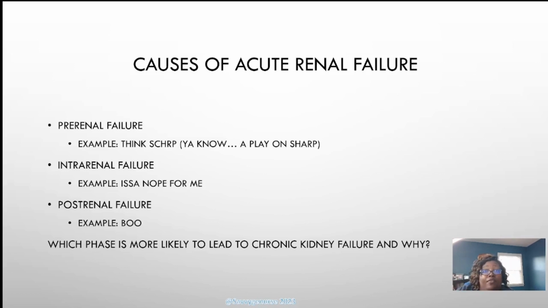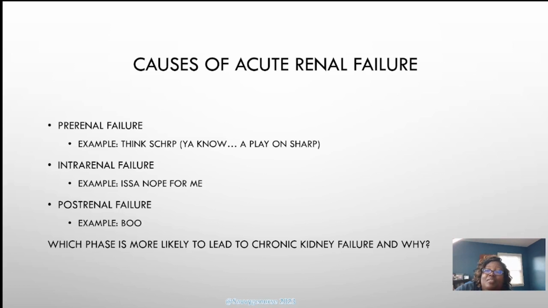What about cardiovascular disorders? Myocardial infarction, heart failure are a couple of examples. Hypovolemia. So we could be talking about some burns, dehydration, diuretic overuse. Another category is peripheral vasodilation. So sepsis. All right. And then we have renal vascular obstruction, which could mean arterial embolism.